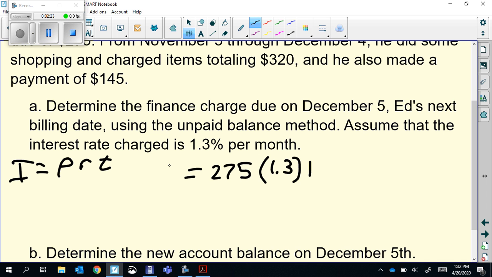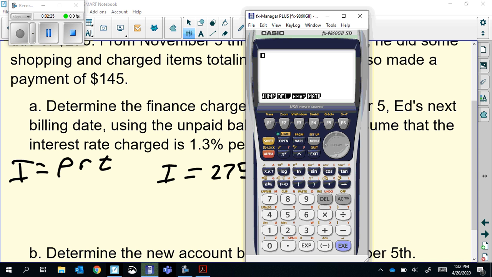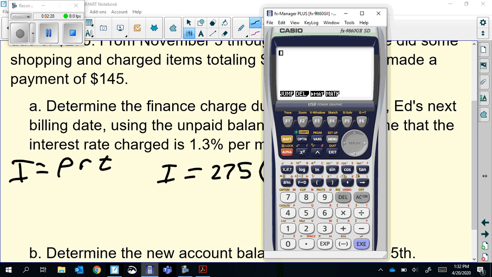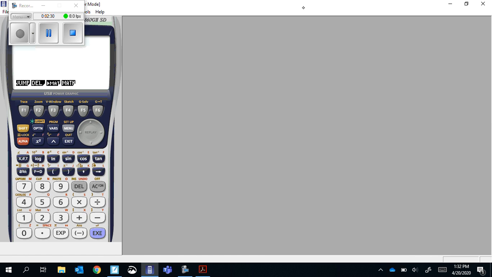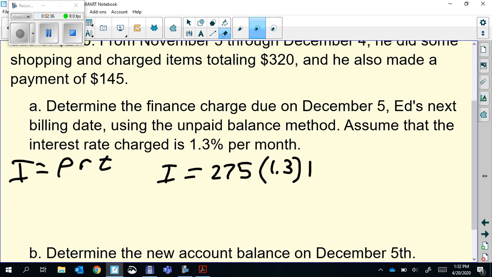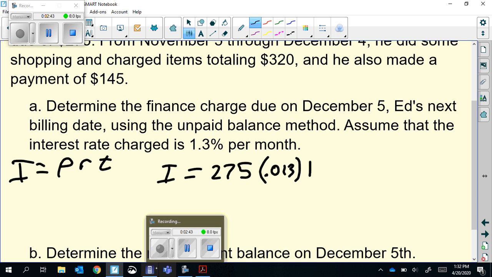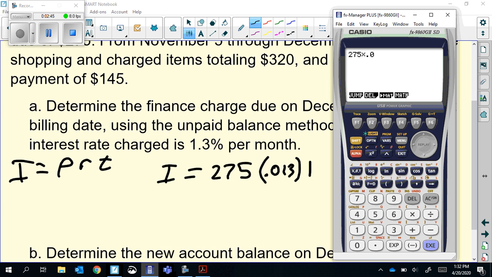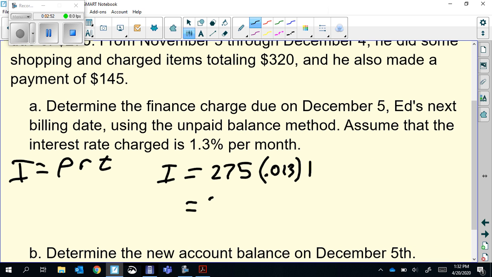That will calculate our interest. So that's 275 times, whoops, not 1.3, but 1.3%, which would be 0.013, and then times 1, that's $3.58 interest.